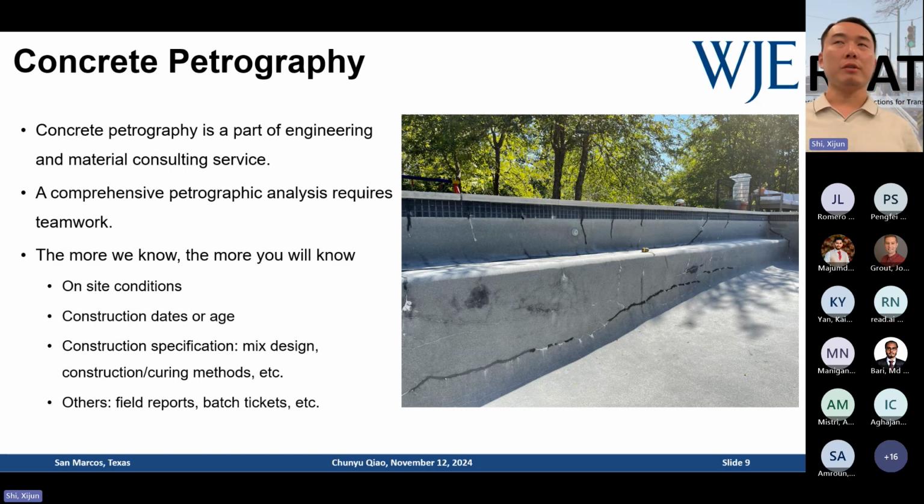We also want to know the specifications of the design or construction, any specs, mix designs, submittals, any specific construction curing methods that can help us, especially for investigation on new constructions. We also want any records, for example any field reports from QC/QA teams and any batch tickets from material suppliers and so on and so forth.